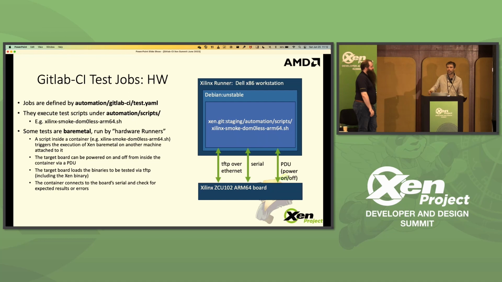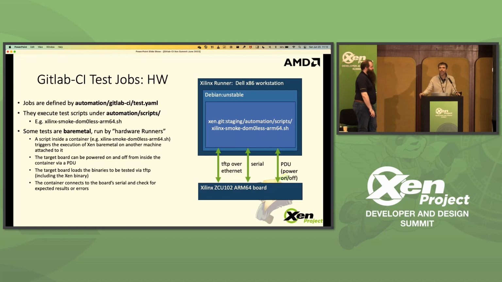So GitLab has a config file. The GitLab runner has a plain text config file, and you can tell the GitLab runner, I want to expose certain things inside my containers. In this case, what we expose is ttyUSB0. I want ttyUSB0 inside my container.